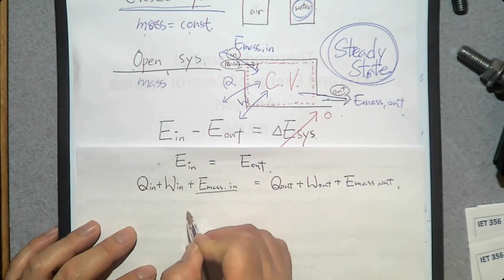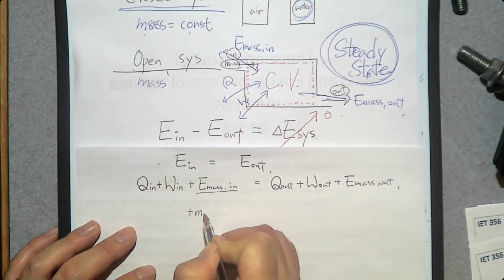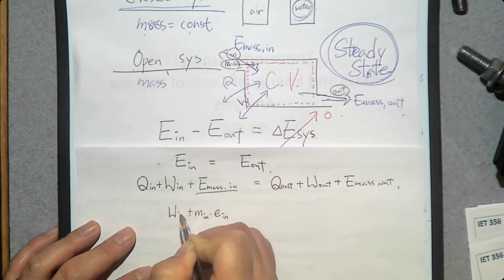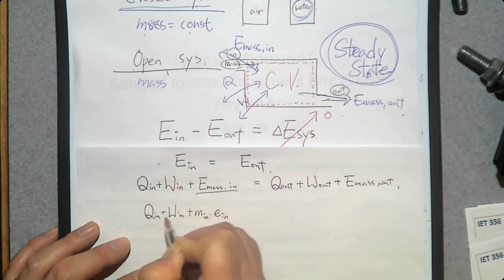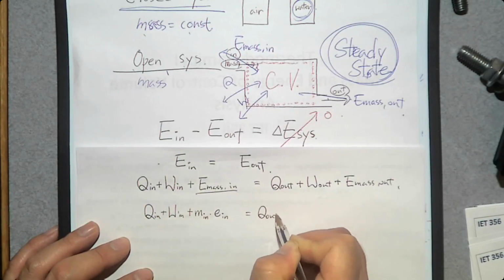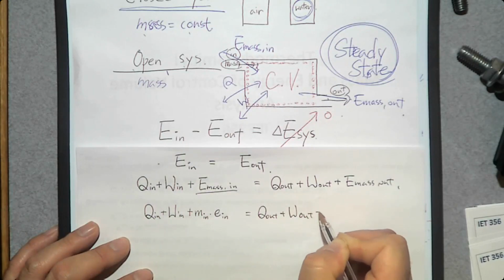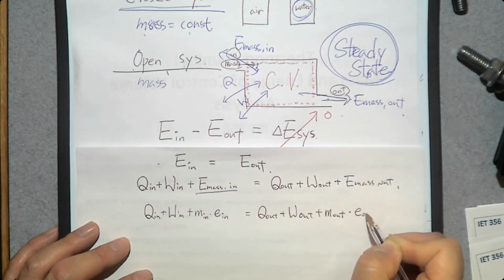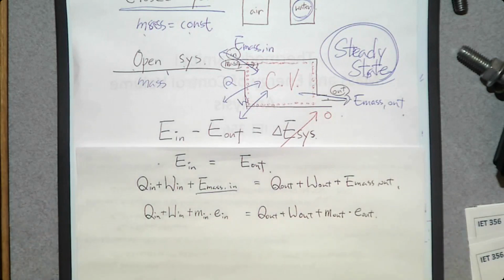This E is going to be mass at the inlet times the total energy per unit mass at the inlet. So W in plus Q in is Q out plus W out plus mass at the exit times total energy per unit mass at the exit. That's how we determine the total energy.